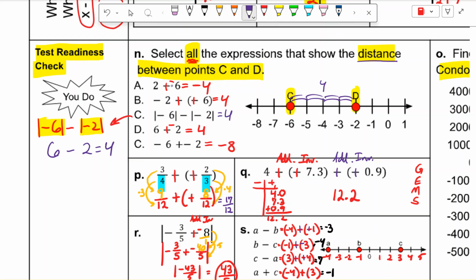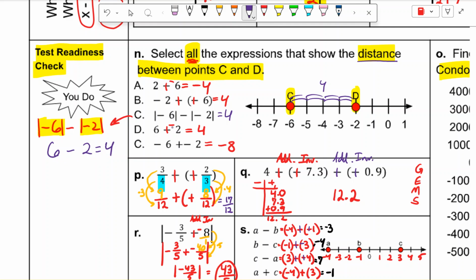So I went through and I used additive inverse on all subtraction signs. And I started peeling my way through A, additive inverse. 2 plus negative 6 could be in a t-chart and give me negative 4. Negative 2 plus positive 6 using additive inverse gives me 4. The absolute value minus the absolute value, I used GEMS to do the grouping symbols first, and 6 minus 2 was 4.